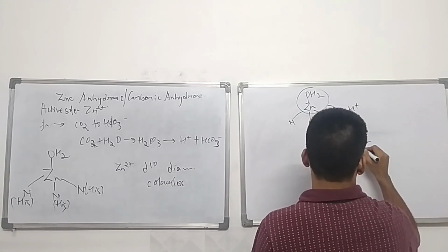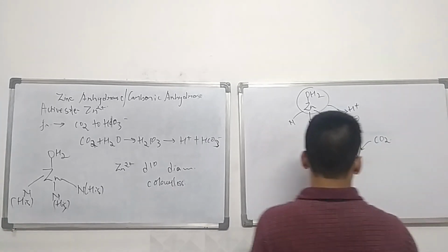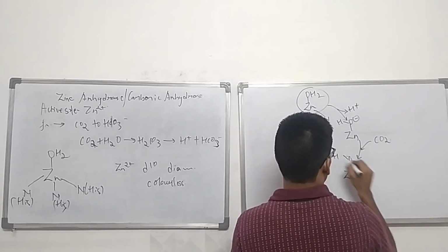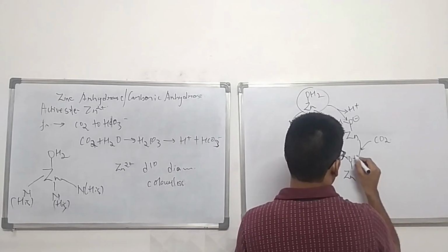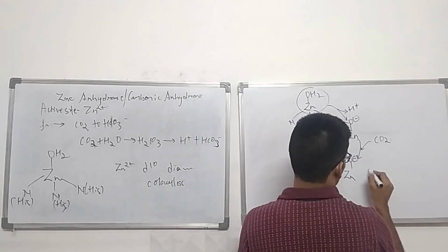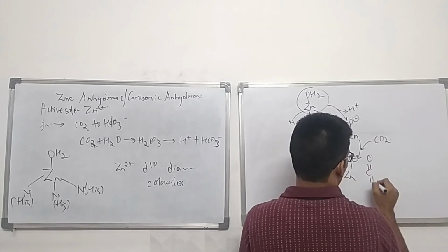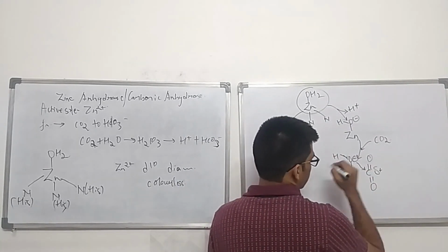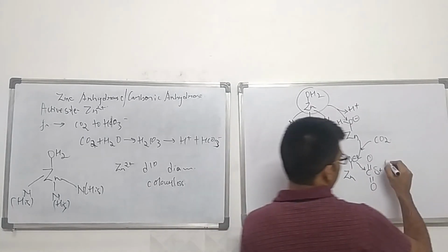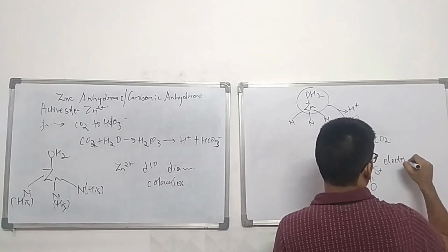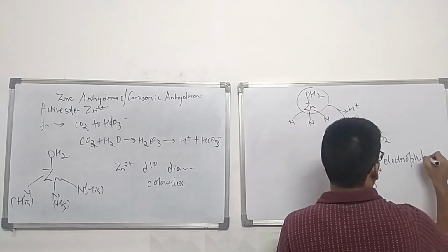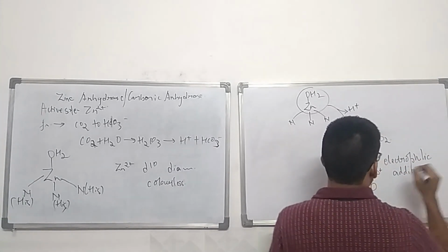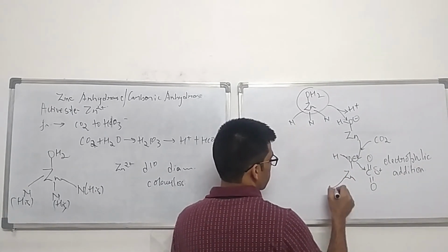In the next step, CO2 comes in and there is an interaction between the negatively charged oxygen center with the electron deficient carbon center. Now this attacks here and it occurs as an electrophilic addition, and the carbon dioxide is added to the zinc anhydrase molecule.